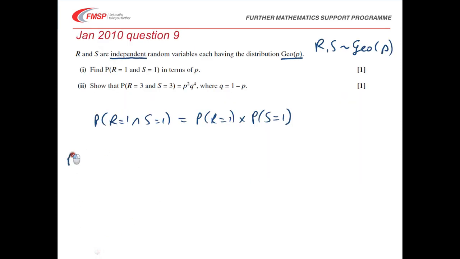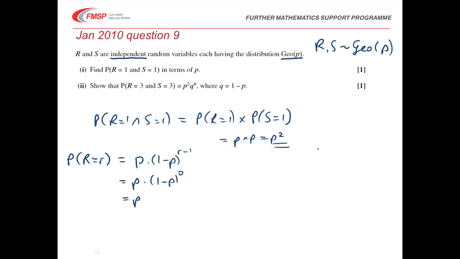So the probability that R is equal to a specific value is P times (1 minus P) to the R minus 1. Here we're looking for R equals 1, so that's just P times (1 minus P) to the power of 0. That gives me P, and in fact each one of those would be P. So we end up with P squared, which is quite nice.